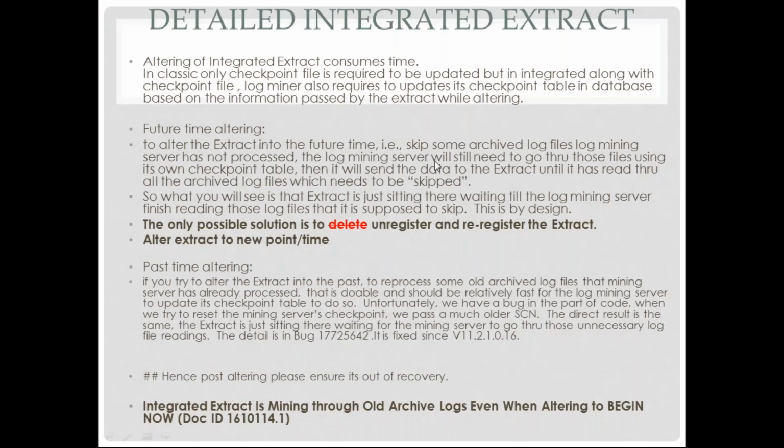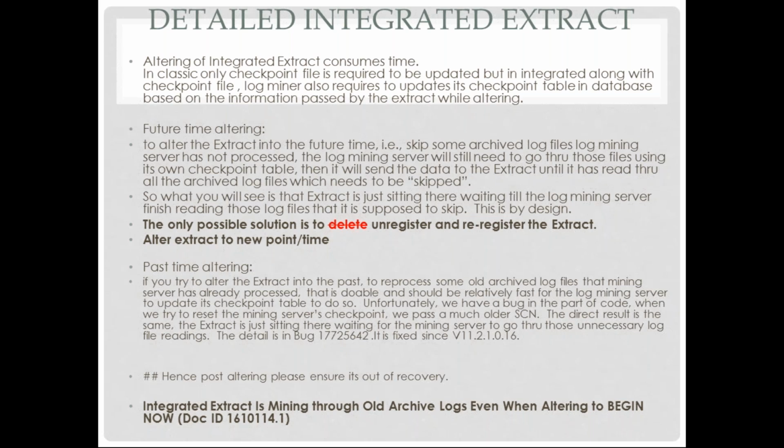The log miner will still need to go through all these files using its own checkpoint table. So even though we need to skip, the log miner will still scan through all those log files using its own checkpoint table. Then it will send the data to the extract until it has read through all the archive logs which need to be skipped.